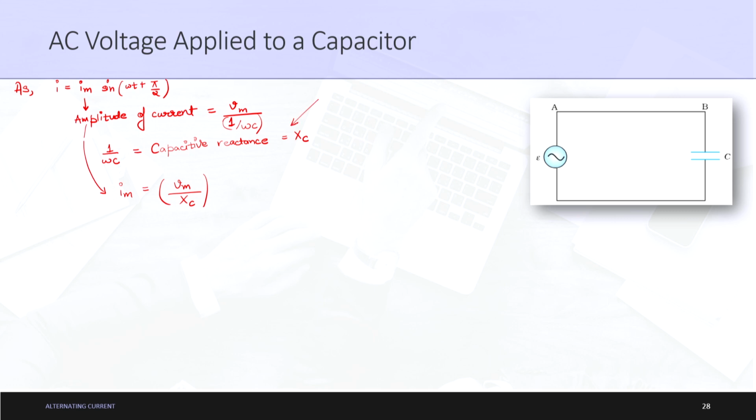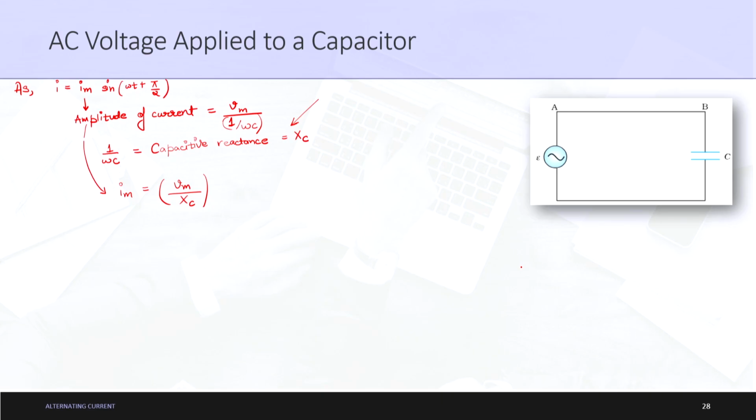Then we also understood capacitive reactance, and in the previous lecture also inductive reactance. Please remember, inductive reactance is equal to omega multiplied by L, where L is the self inductance, and capacitive reactance is equal to 1 upon omega c. If the question comes which is directly proportional to omega, we say inductive reactance is directly proportional to omega or frequency, but capacitive reactance is inversely proportional to omega.